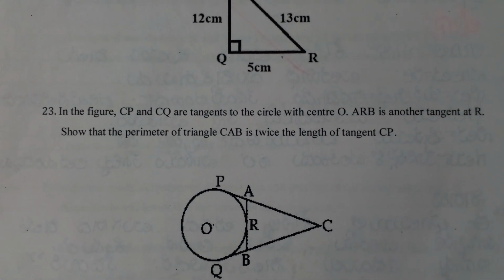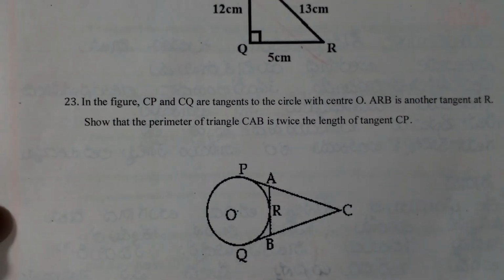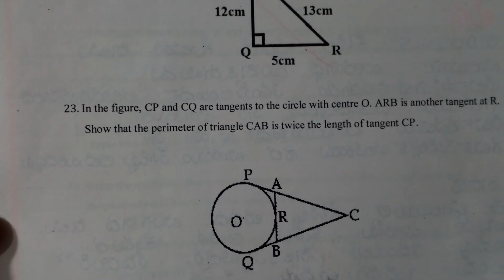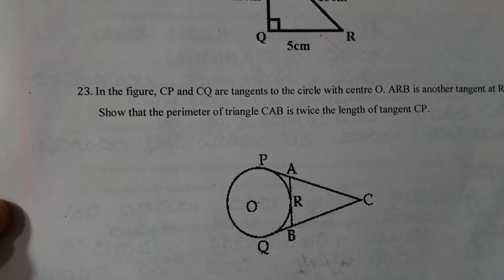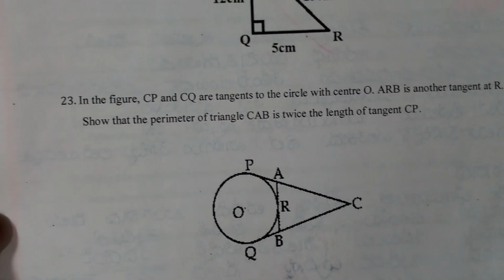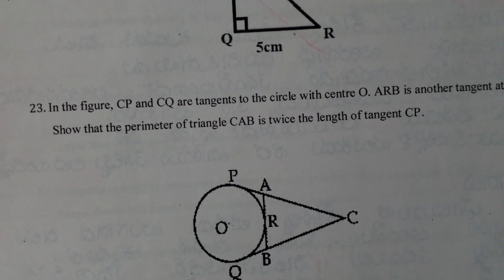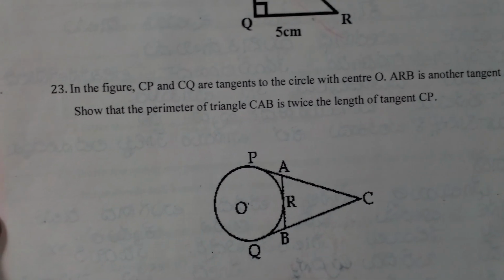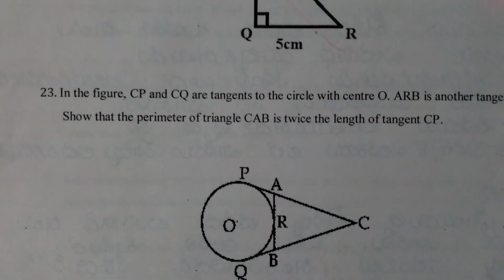In the figure, CP and CQ are tangents to the circle with center O. ARB is another tangent at R. Show that the perimeter of triangle CAB is twice the length of the tangent CP. Very interesting problem. Let us see how to solve this problem.